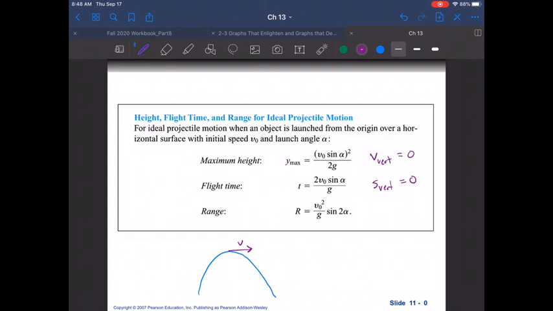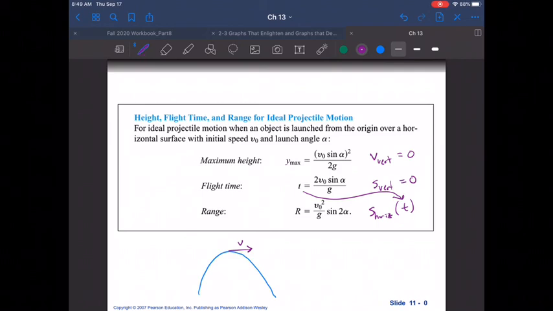And then to find how far it actually goes down range, you take this time that you got, and you plug that into the horizontal component and see how far it could have gone. So S horizontal at this T right there, as a function of that time. You plug that time back in to the horizontal part, and that gives you the range of how far it can go in that time.